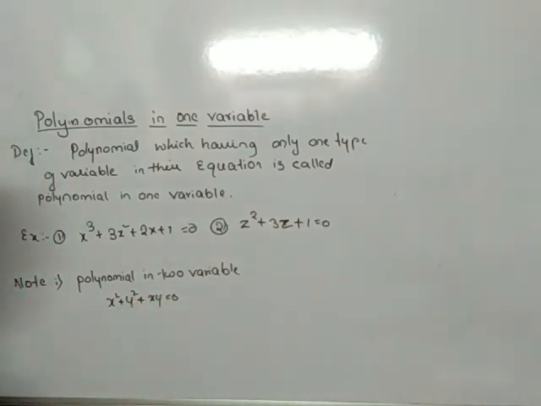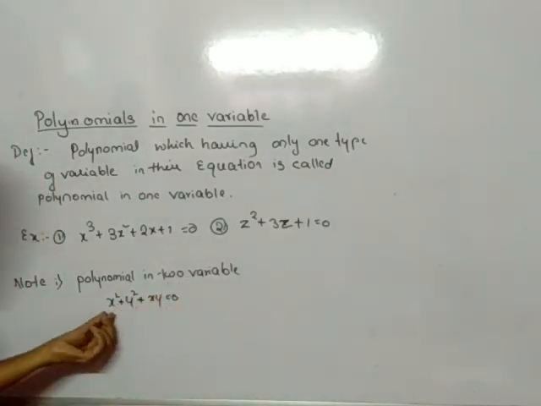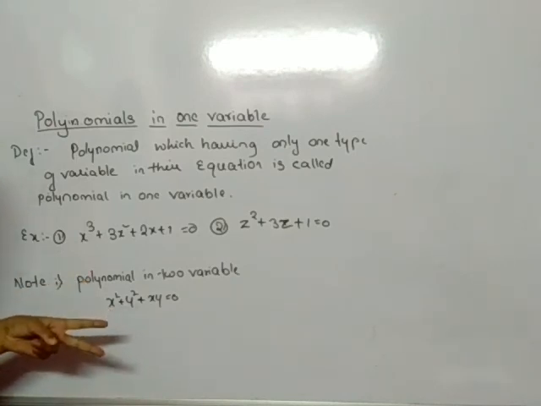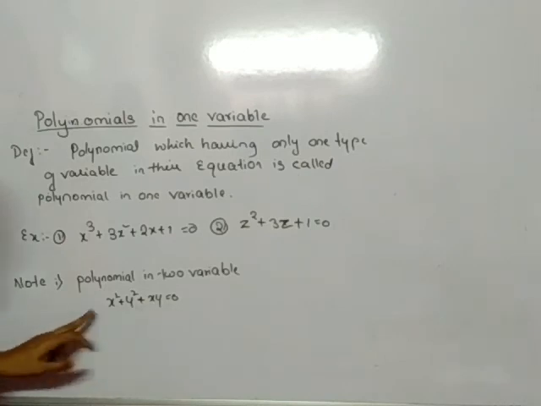This is a polynomial in two variables. You can see it contains x and y, two different variables, isn't it? So this is called a polynomial in two variables.